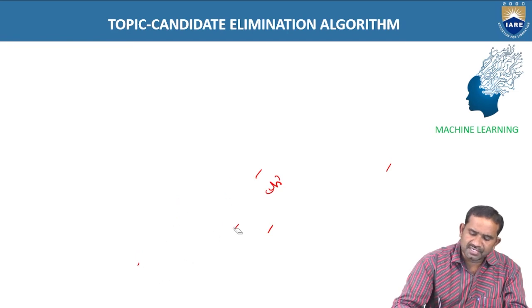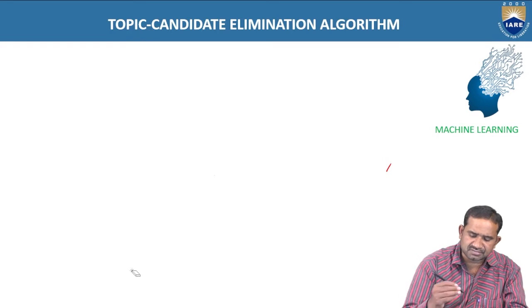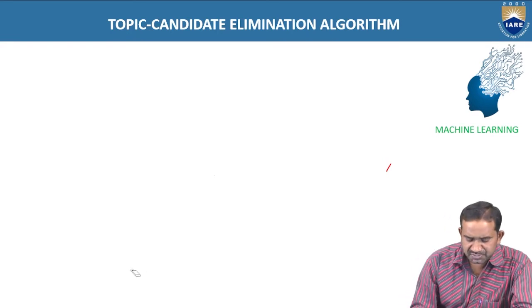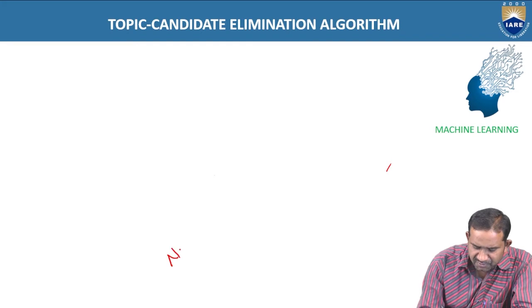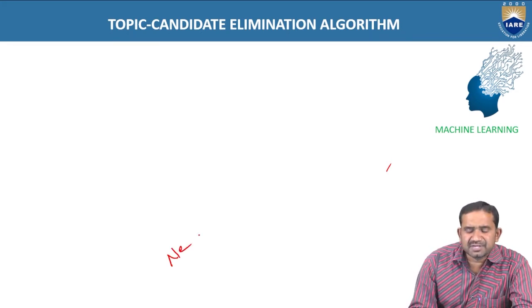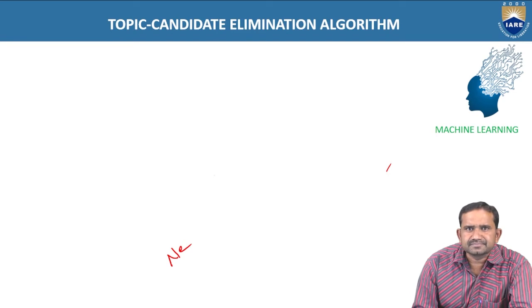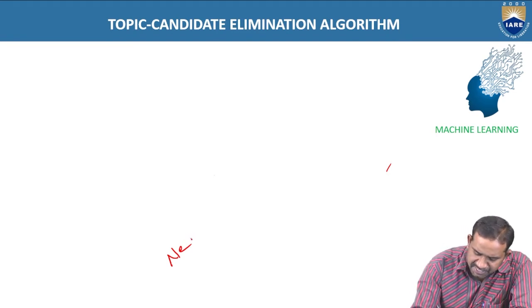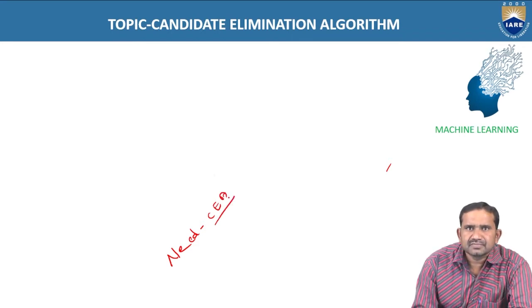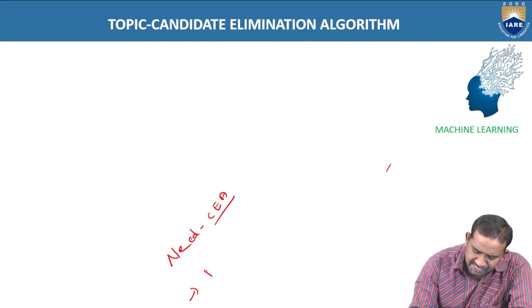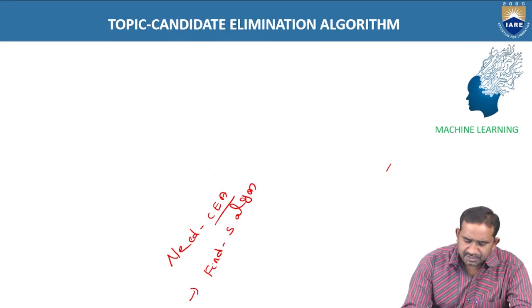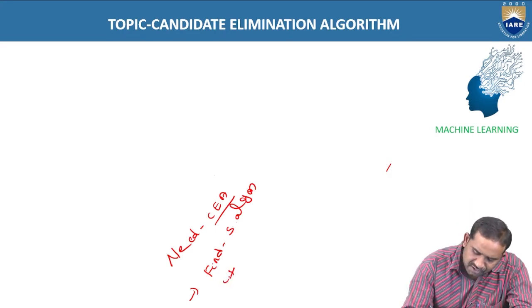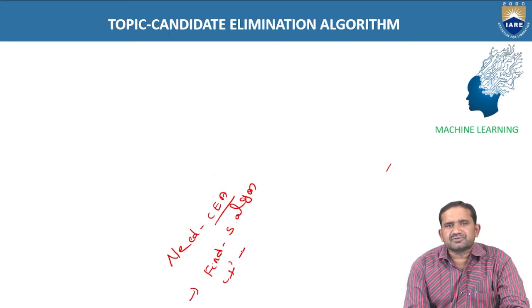What is the need for the candidate elimination algorithm in machine learning? The main reason is this: in the Find-S algorithm, we consider only positive training examples.